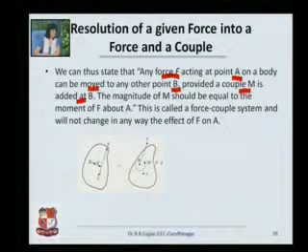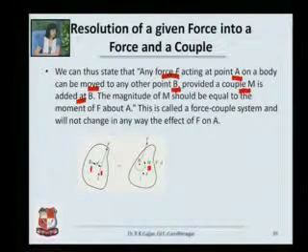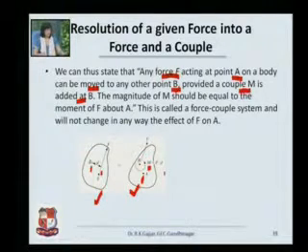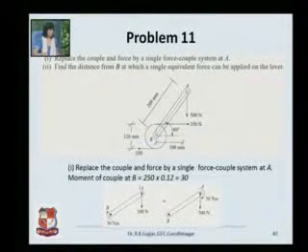You cannot shift F from A to B without applying the moment of the couple that was applied at A. This is called a force couple system and will not change in any way the effect of F on A. So both of these are equivalent systems. We will understand this concept more through a problem.